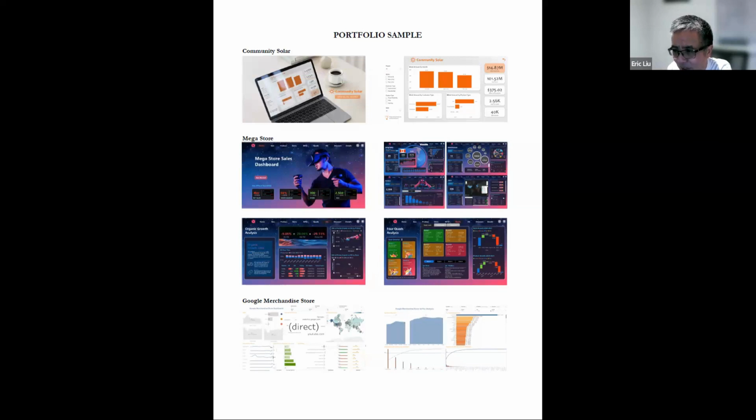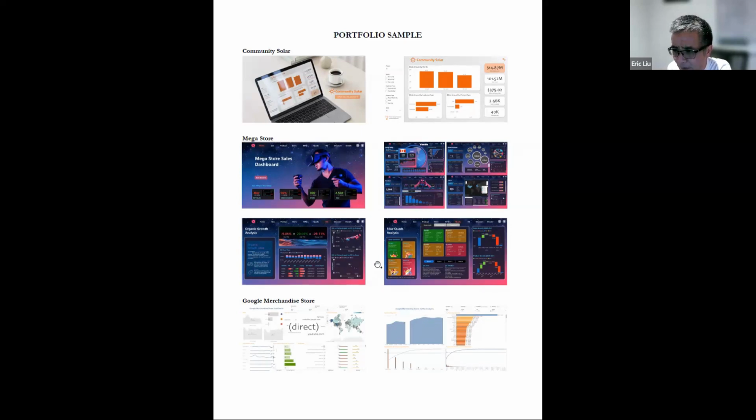People will spend most of the time reading the first page, but the second page, even if you spend only like 10 seconds, it will leave you with the impression that this individual has done some really good professional quality work, right? It's industry grade.